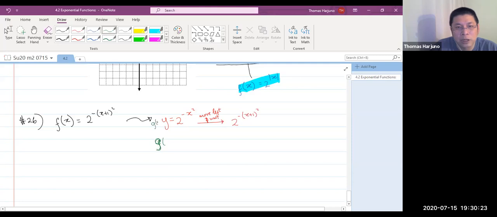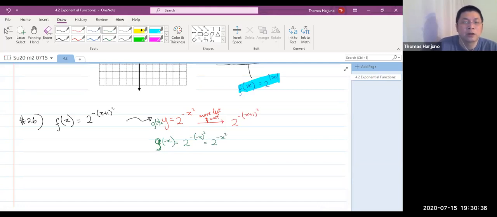Let's call this g(x). Then g(negative x) will be 2 to the power of negative x squared, but that's 2 to the negative x squared, right? So this graph here has y-axis symmetry.